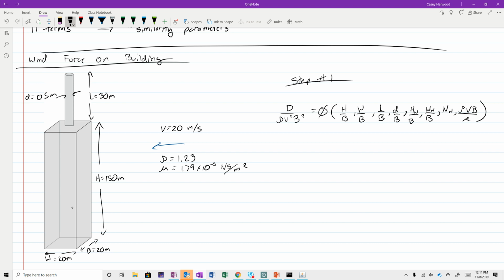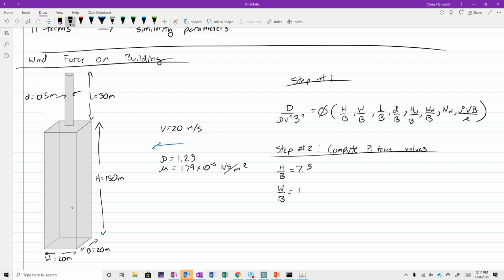Step 2 is compute values for the pi terms. So we've got h over b is equal to 7.5, w over b is equal to 1.